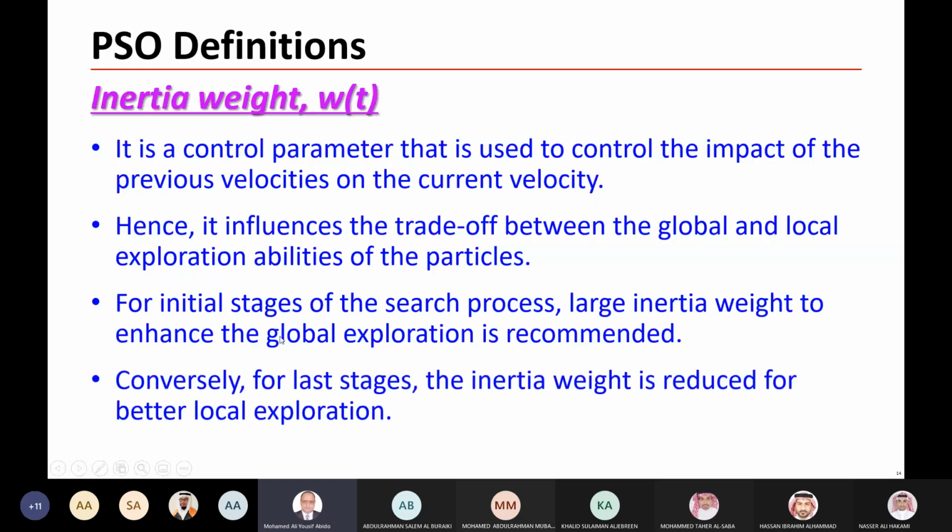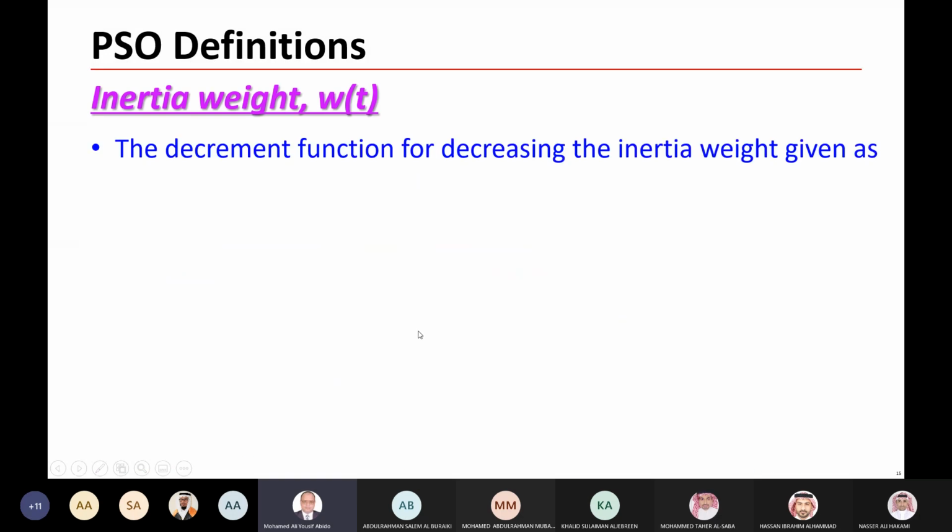So this inertia will be decreasing. Conversely, for the last stages, the inertia weight is reduced for better local acceleration. We will see how this inertia weight will reduce from one iteration to another.